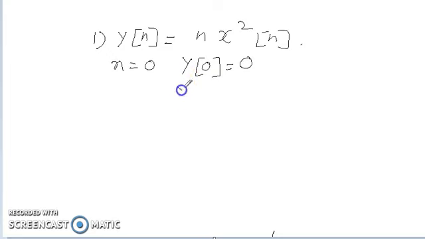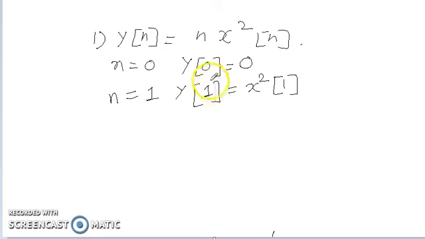So let's try the second thing, that is n equal to plus 1. That means y[1], n equal to 1, x square of 1. So the output at this particular instant is dependent on the present state only. So from this it is causal. But now check it with n equal to minus 1.